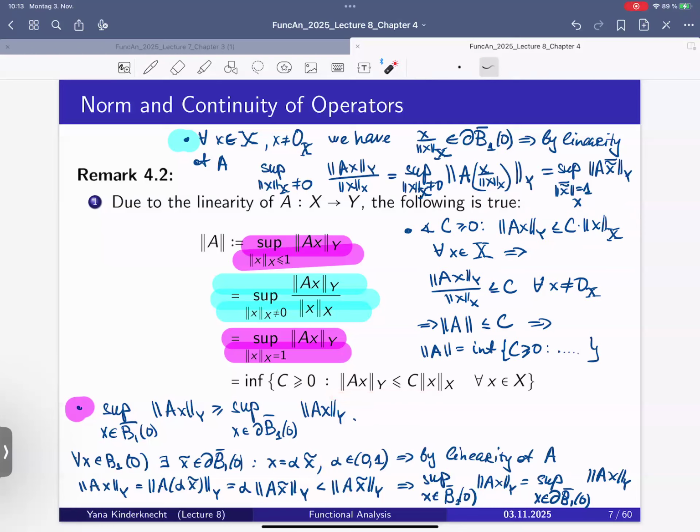Why? Because if the norm of A is strictly smaller than such an infimum, then there exists another C tilde, also positive, which lies in between the norm of A and such infimum, but this contradicts the definition of infimum. Because for such C tilde this inequality would also hold, due to the definition of the norm, due to the definition of supremum.